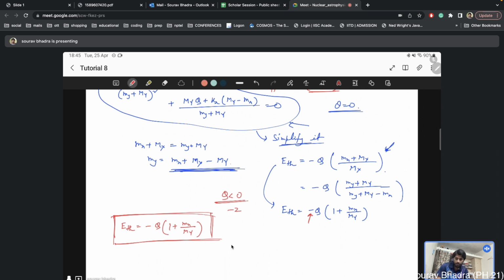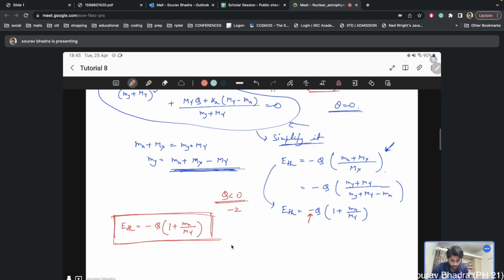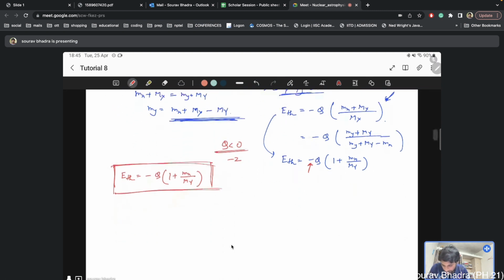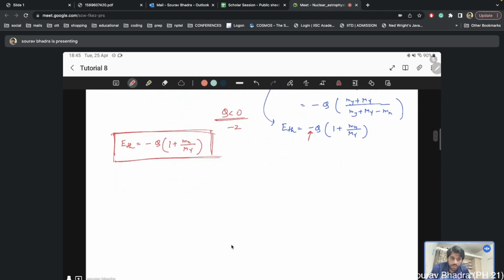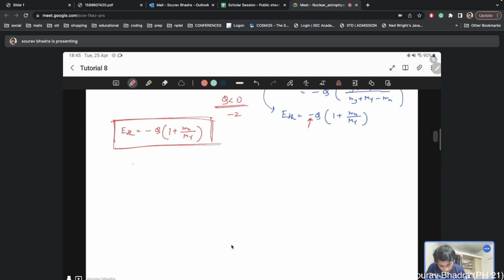Okay, so from here we will do a simple problem on the threshold value. We will consider a particular reaction and then calculate the threshold value associated with that reaction, the example which I took earlier, the neutron.